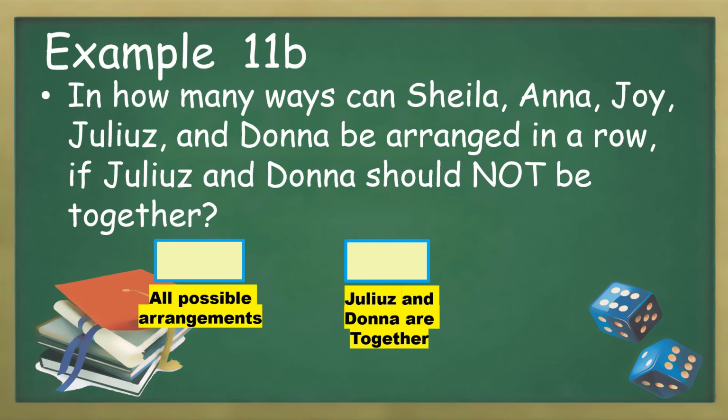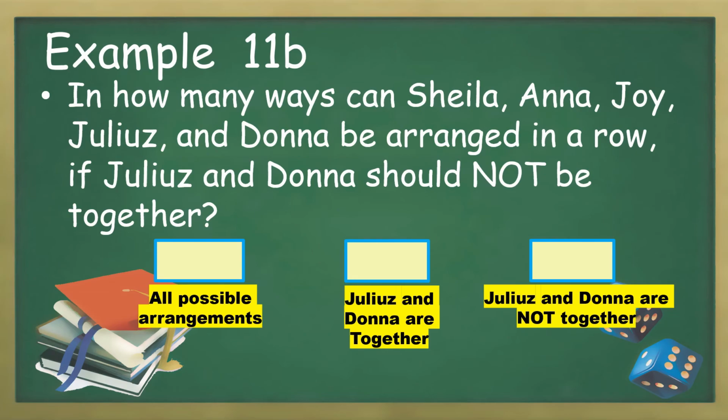For this one, we're going to look for the arrangement where Julius and Donna are not together. For all possible arrangements, this is the first one, which is 120. Then for the arrangement where Julius and Donna are together, we got 48. Then all we have to do now is to look for the arrangement where Donna and Julius are not together.